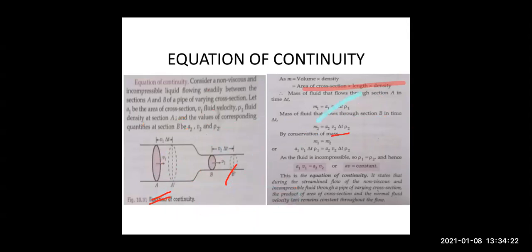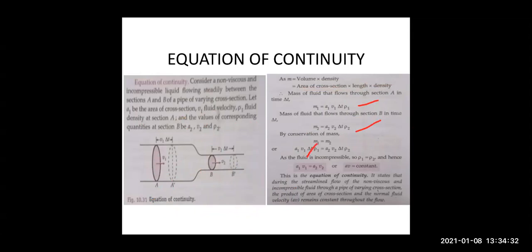Similarly, the mass of fluid flowing through section B in time del T will be M2, which equals area A2 into velocity v2 into del t into rho 2. So according to conservation of mass, M1 will be equal to M2, right? If we compare these two equations, which things will get cancelled? Del t cancels.